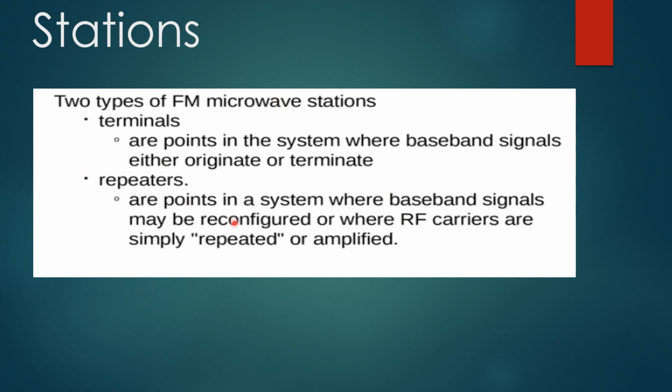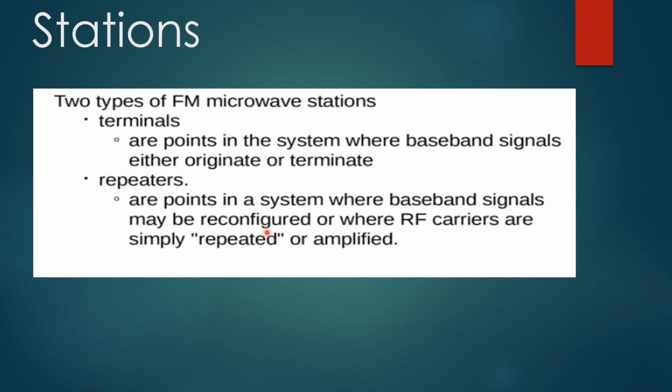And in the repeater stations, what happens is that it is simply going to modify, that is, amplify and reshape, and pass the signal again along the communication link. So it is a point where the baseband signal may be reconfigured.